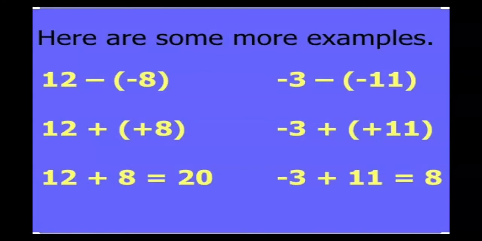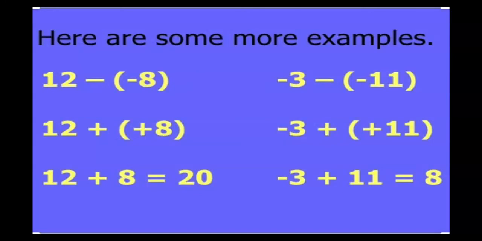Here are some more examples. 12 minus -8. Now that again according to the rule, let's solve it. So first step is keep it. So first number 12, I am going to keep as it is. Then the second sign, minus, change it.